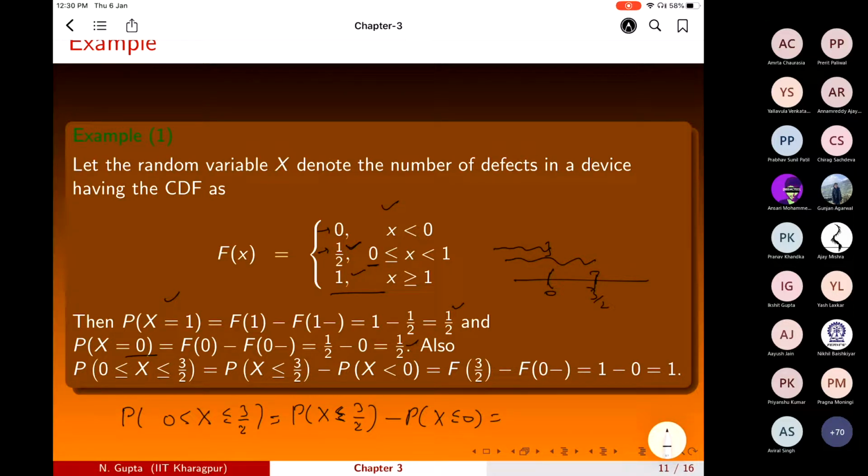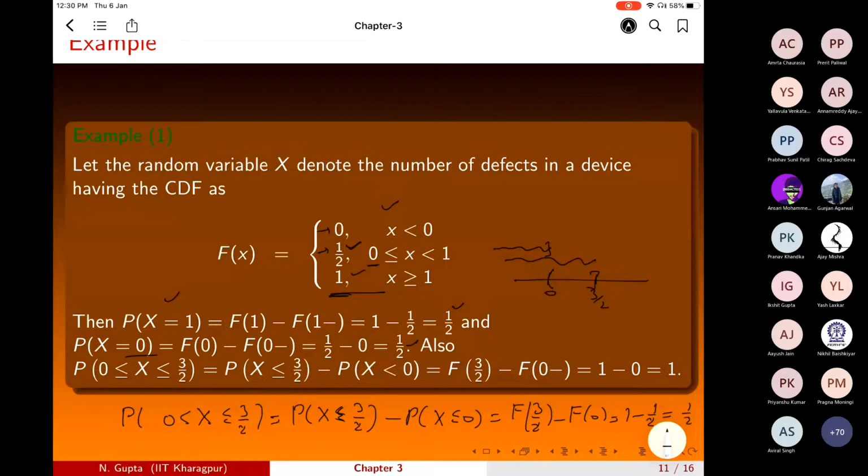So therefore this will be F of 3 by 2 minus F of 0. F of 3 by 2 is 1, minus F of 0. Can anyone tell what is F of 0 here? 1 by 2. Okay, so 1 by 2. So therefore this value is 1 by 2.